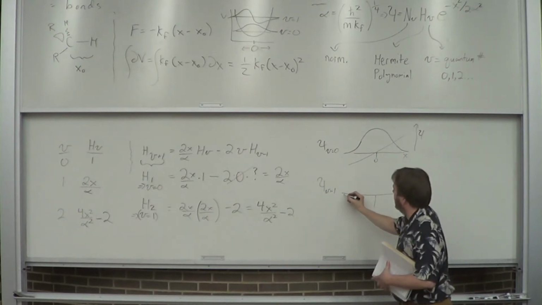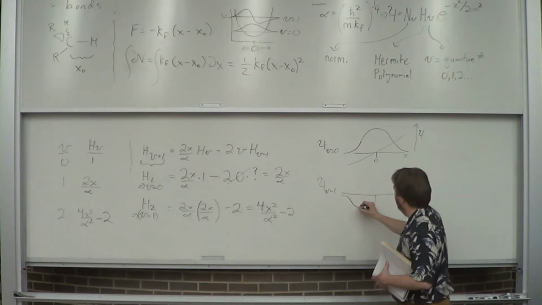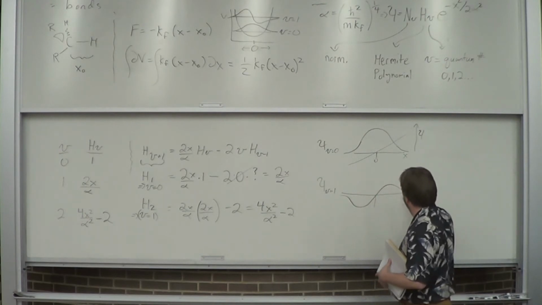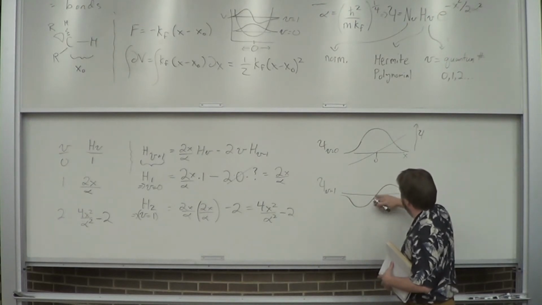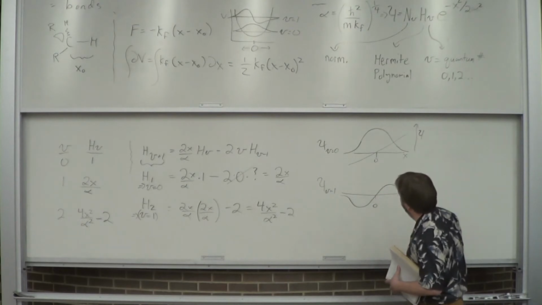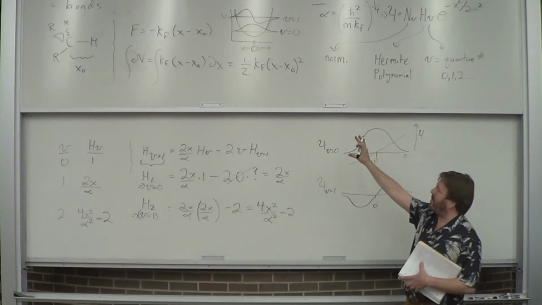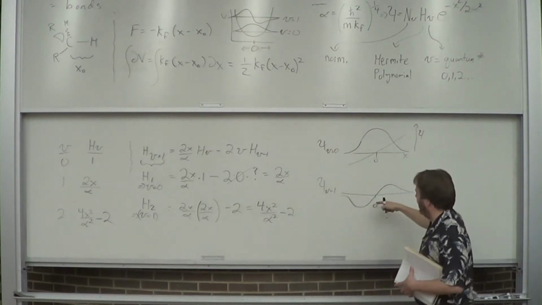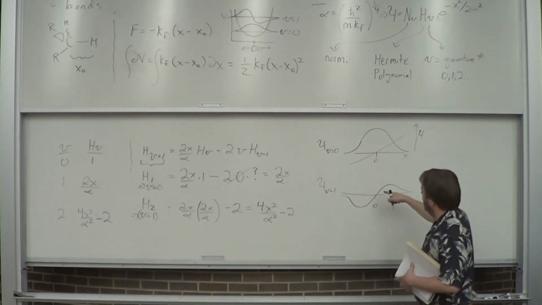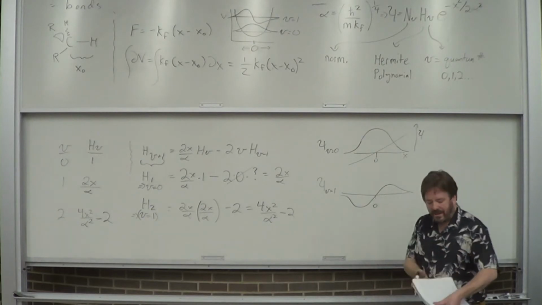So you just kind of mess up the bell curve, right? There you go. I don't know why I did that little tick mark like that. Anyway, it looks like I flipped it over earlier. Sorry about that. But anyway, this is what the first excited state looks like.